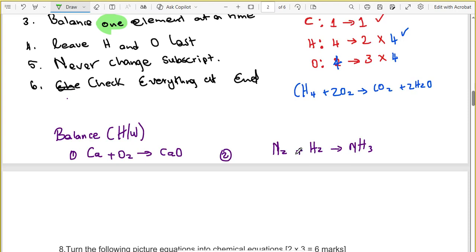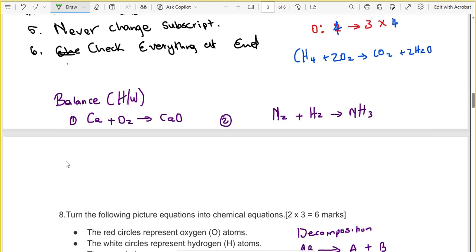Now we're going to discuss what your answer was supposed to be, how you were supposed to balance this chemical reaction. Let's quickly work on this one. So we first have calcium for the first one. I'm going to first explain this, then you'll tell me if you have the same answer, okay?